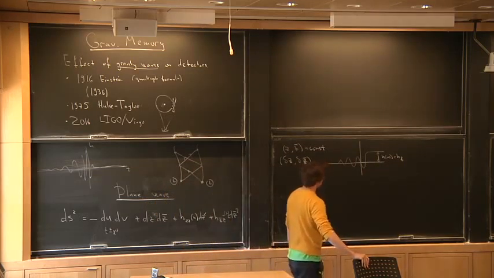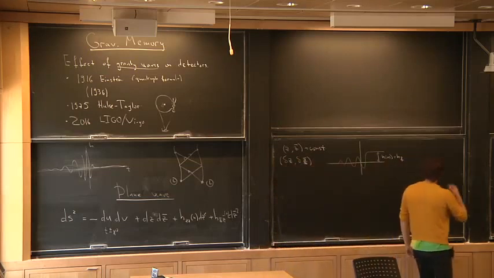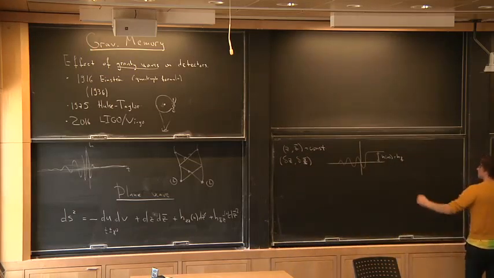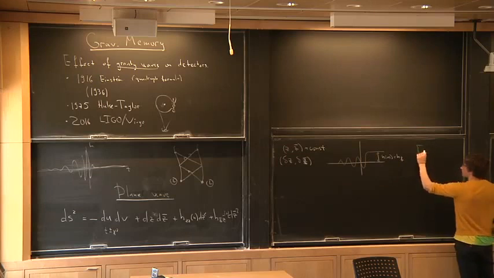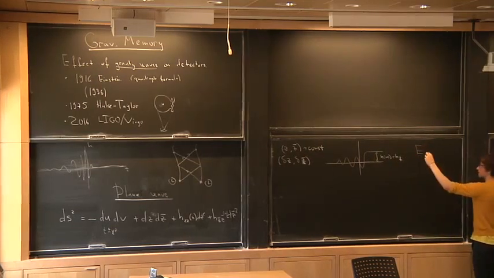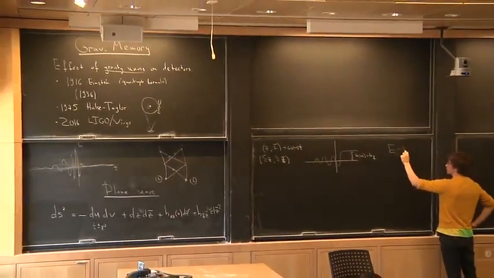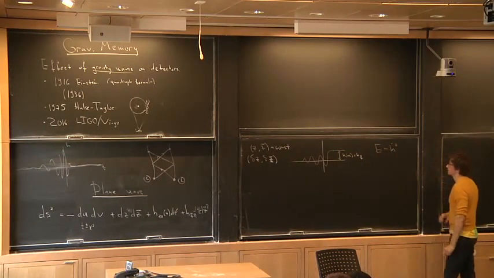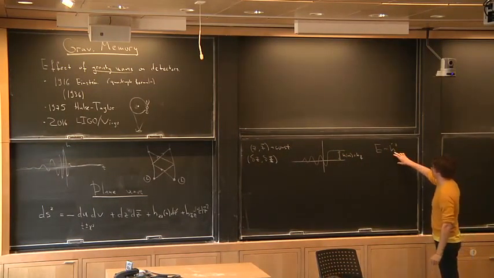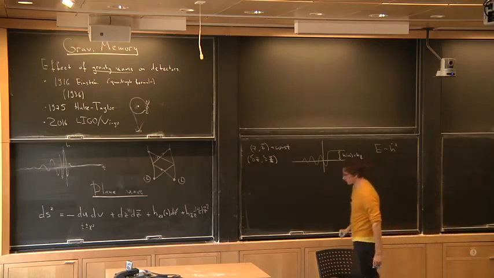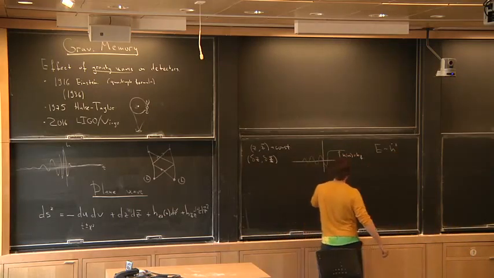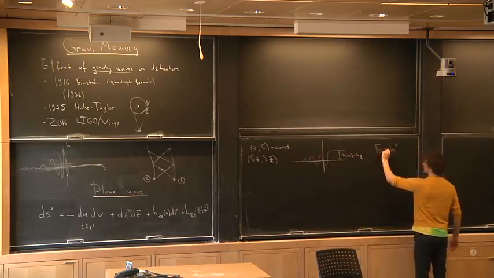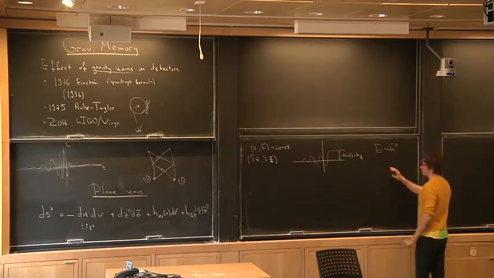Well, first of all, maybe remember the simple fact that in this simple model, the energy carried by gravity waves is given by h dot squared.